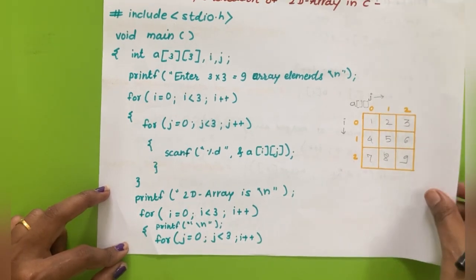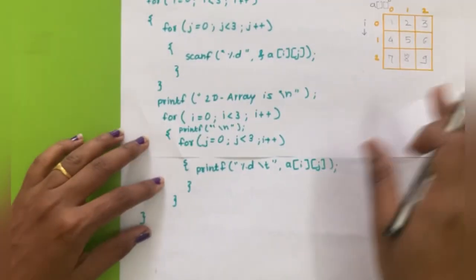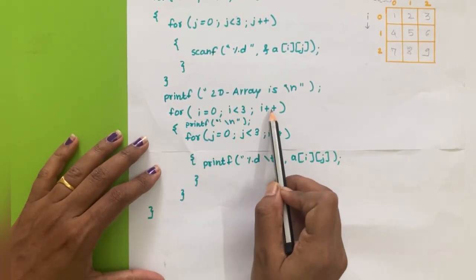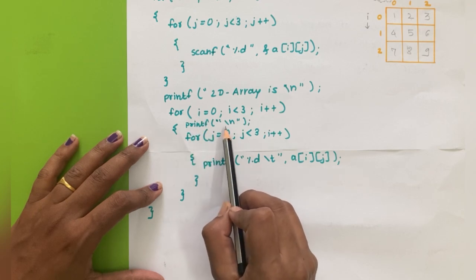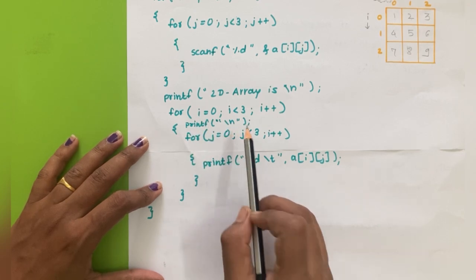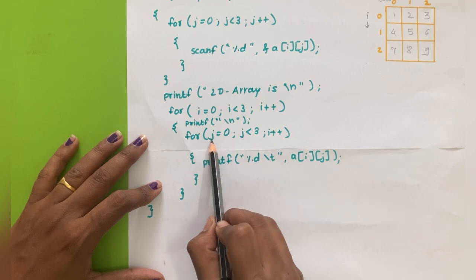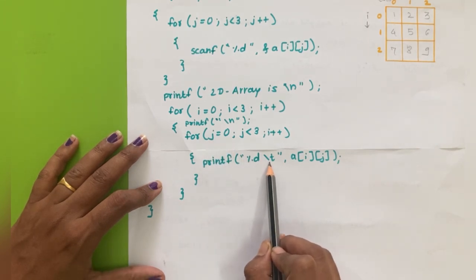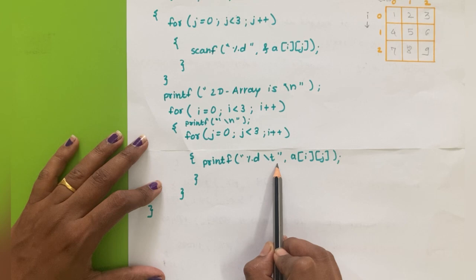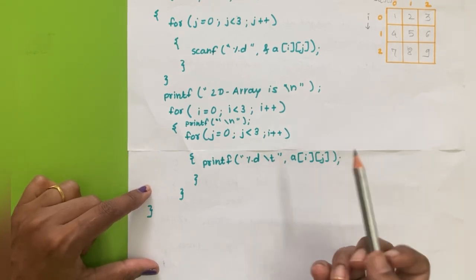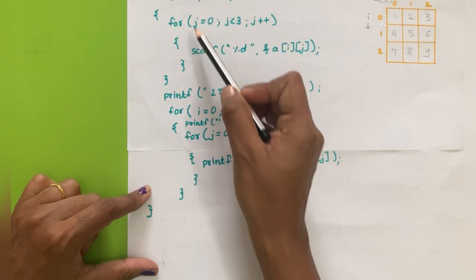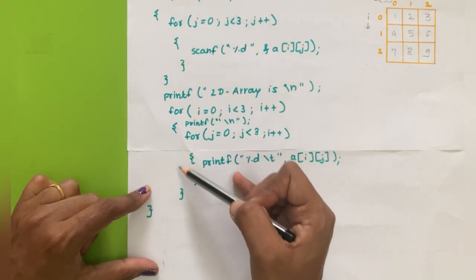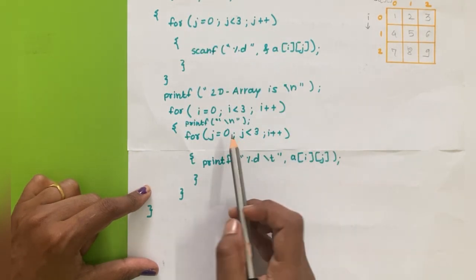Okay, so after the first loop of I I have used printf \n here, and in this j loop I have used \t to separate each element from another. Okay, so again here the same code we have used to print the elements one by one.